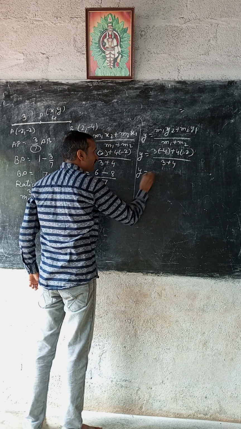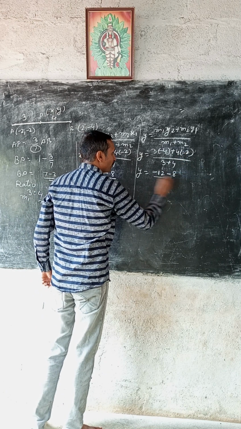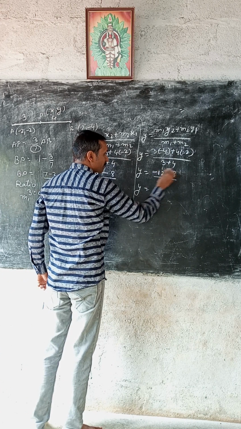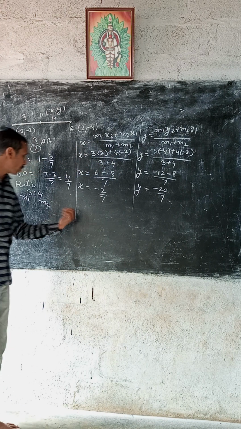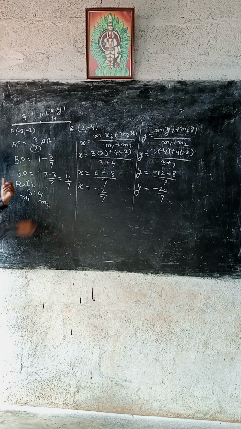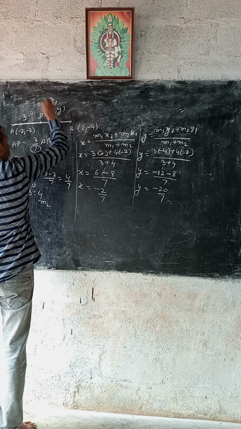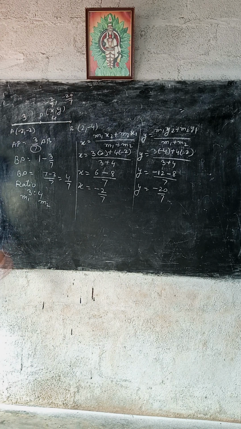Then y is equal to minus 12 minus 8 by 7, which is minus 20 by 7. So the coordinates we got are minus 2 by 7 comma minus 20 by 7. These are the coordinates x and y of P.